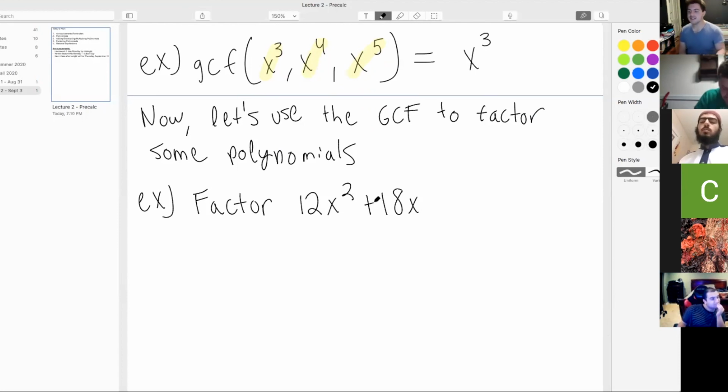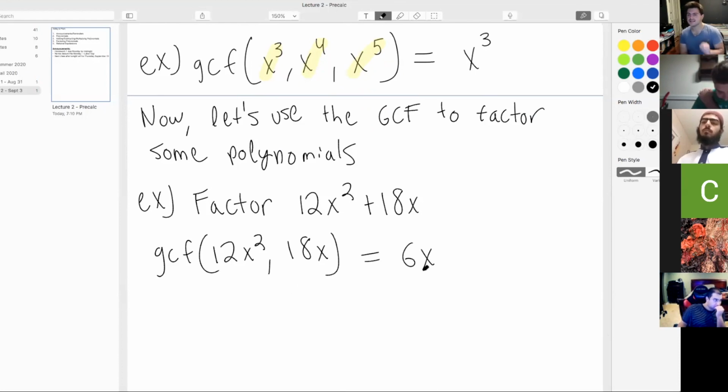Basically, we need to look at the GCF of all of the terms of the polynomial. So we need to look at the GCF of 12x squared and 18x. That's what we need to examine. And the GCF here is just 6x.